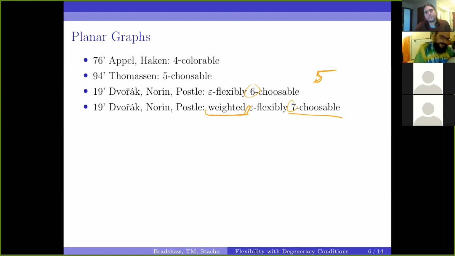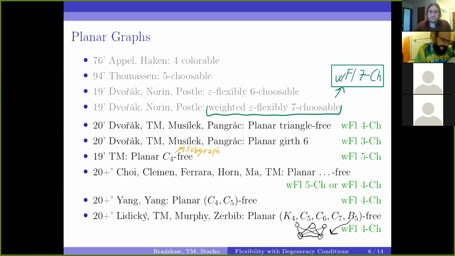I said what's not known, but let's look at what is known. On planar graphs, there are a couple of results on various subclasses of planar graphs. I should say that most of the results, like all those orange results, but also some of those, originate in the discharging method.